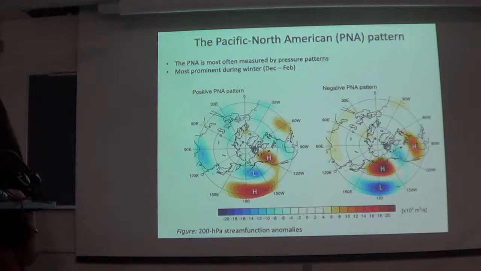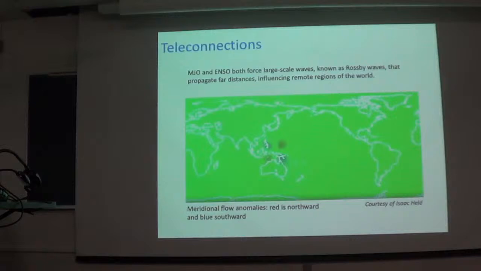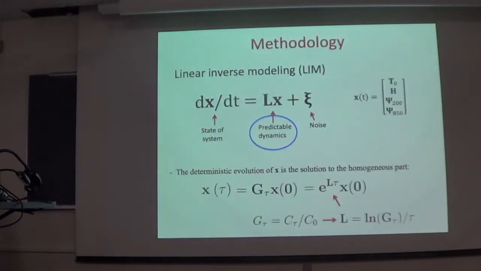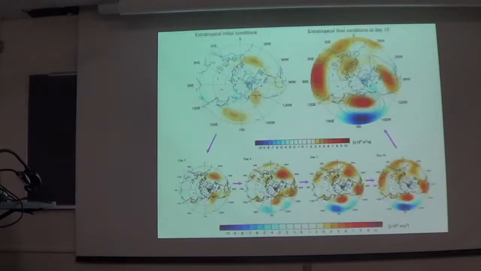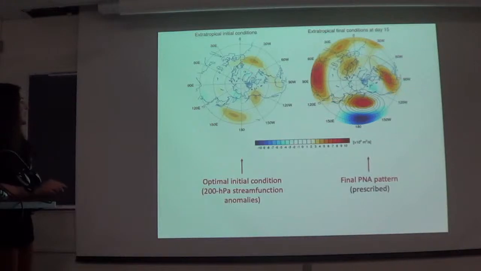So, if I recall correctly, the optimal initial perturbation for when you're forcing it to negative PNA looks somewhat like the positive PNA pattern. Does it say that the PNA is kind of self-cycling, like the positive phase would lead to negative phase about 15 days later?